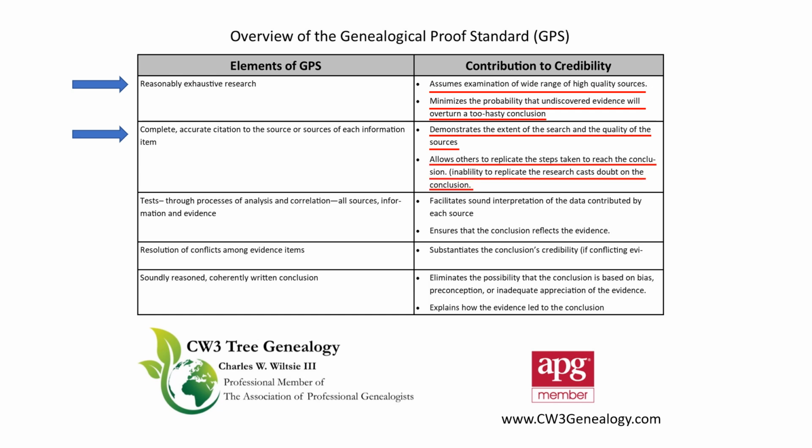It also allows others to replicate the steps taken to the conclusion. Inability to replicate the research casts doubt on the conclusion. So if a third disinterested party follows your logic for finding a piece of information and cannot find it, it makes the information suspect.